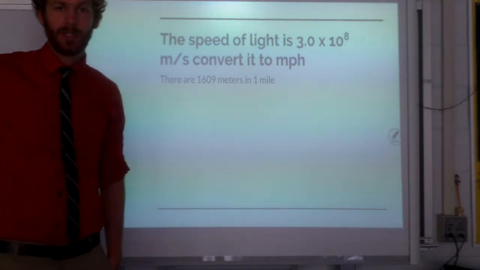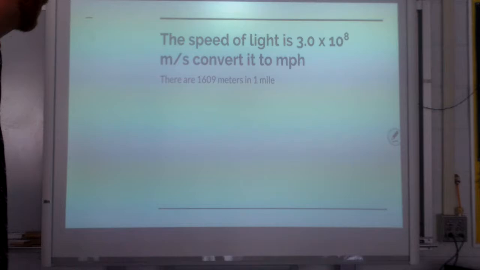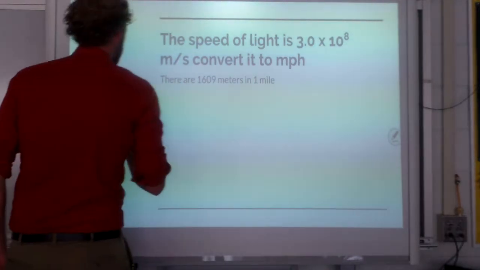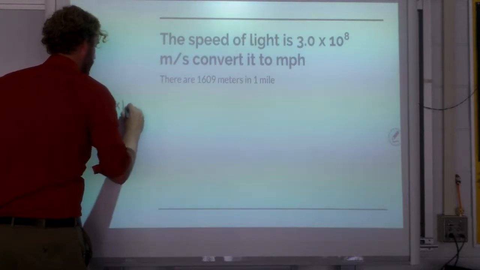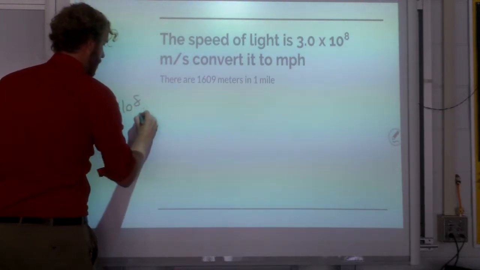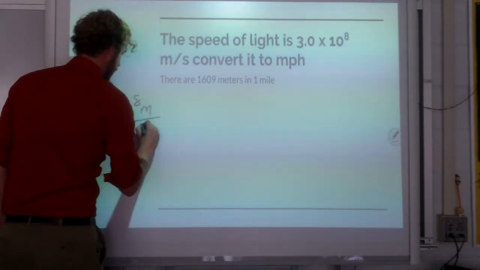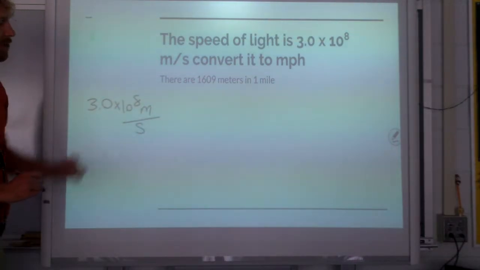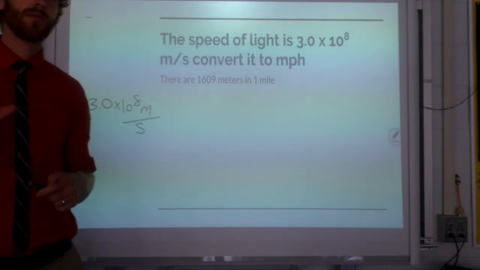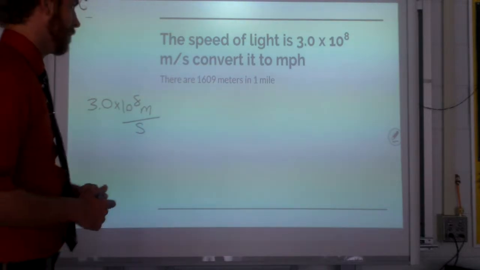Convert the speed of light to miles per hour. So we write what we're given: 3.0 times 10 to the 8th meters per second. Notice how I have meters on top right now and seconds on the bottom. That's very important, that you separate these from the get-go.